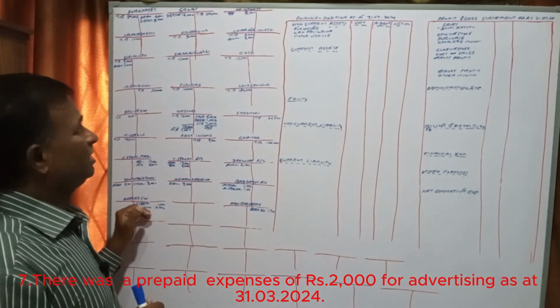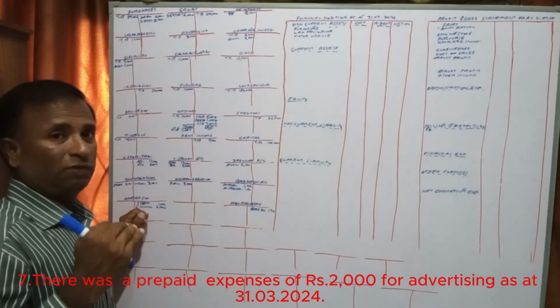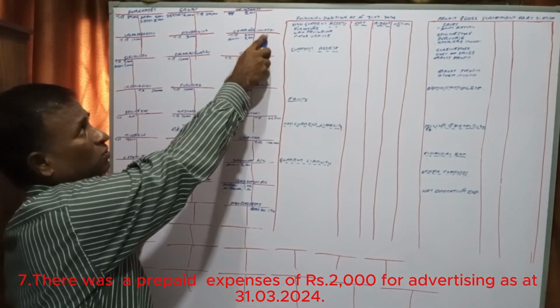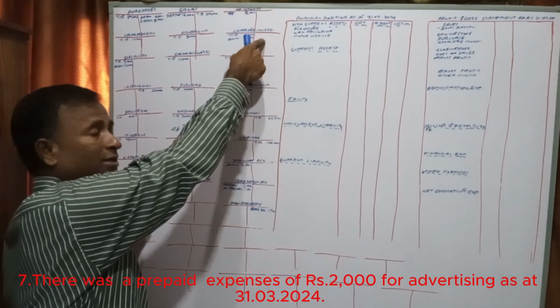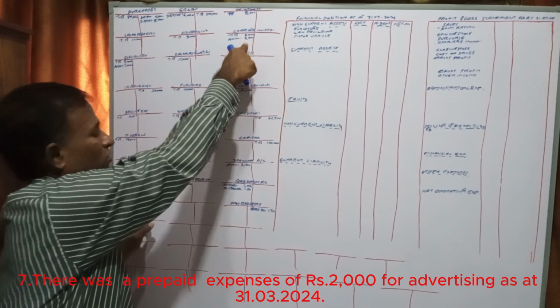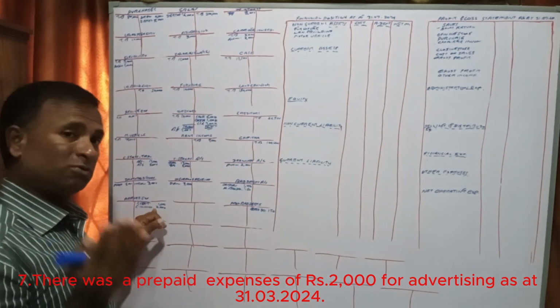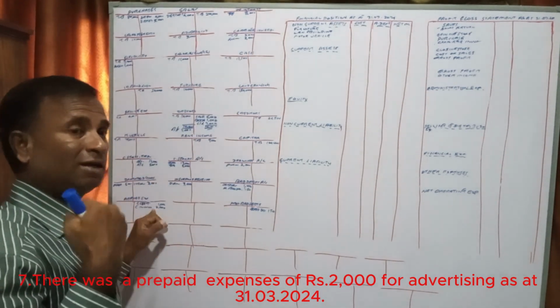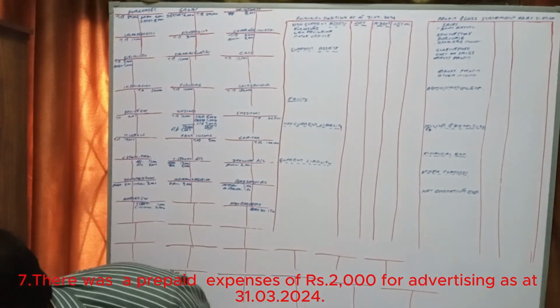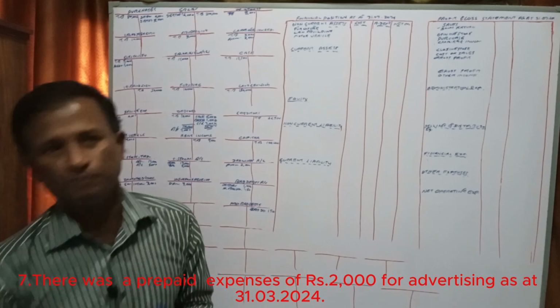Like that, carriage inwards also: at the end of the year we had to pay 2000. Carriage inwards already had a balance of 2000, that means we have paid, so payable is another 2000. We are adding that 2000, right? So accrued expenses has to be credited because payables are credited. Okay, 2000. Understood?